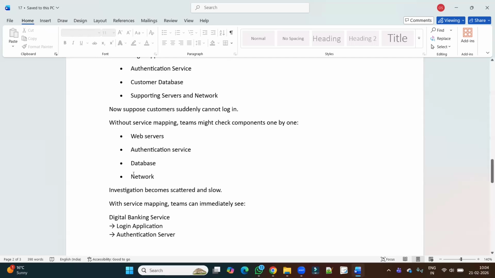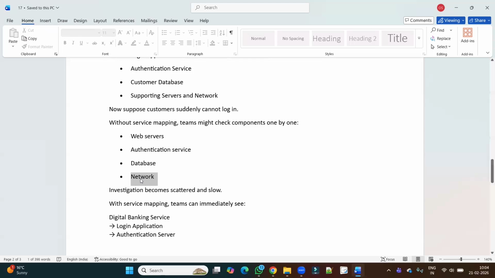In the same way, we will check which database and which networking devices are connected, because we do not have the blueprint or map available. That should be there when we have service mapping, but there is no service mapping. In this case, the whole time is contributed to troubleshooting, and much more time is needed.